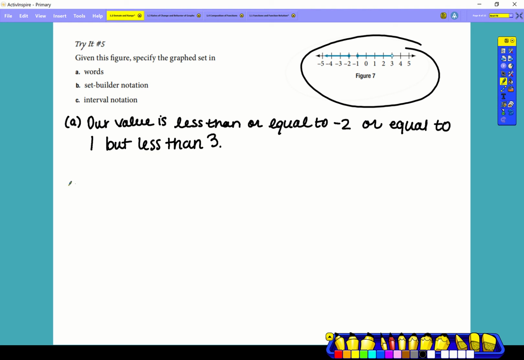Yeah, that looks good. So in B, set builder notation, we're just going to pick a random letter. What alphabet letter does not get chosen very often?